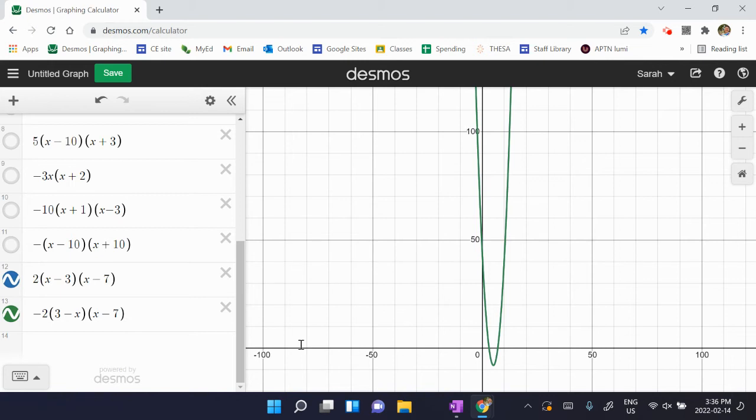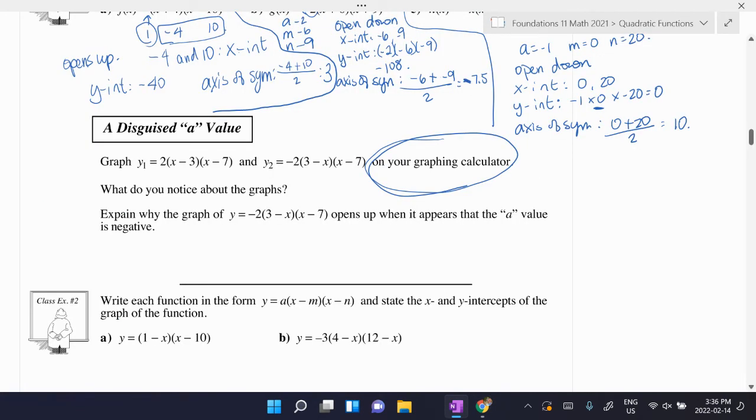This negative, notice what happened to the x over here. In this case, the x has to be positive in order for this to work. This inside of here has a negative 1 inside of it. So you have to take the negative 1 out, which will make this a positive. So it's the same thing as this. Okay? And I'll show you what I mean by that.